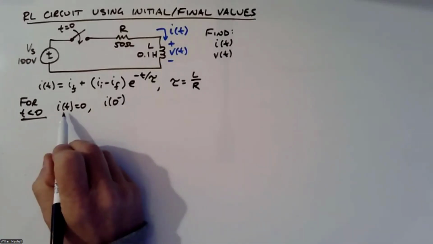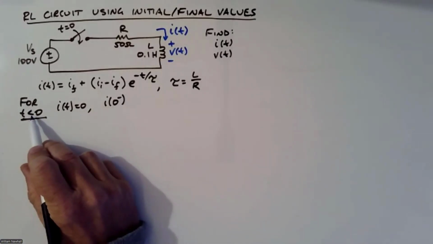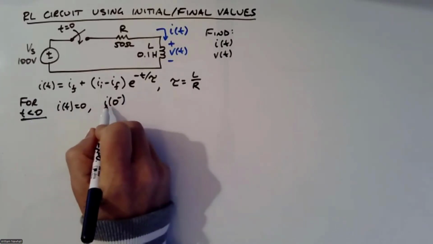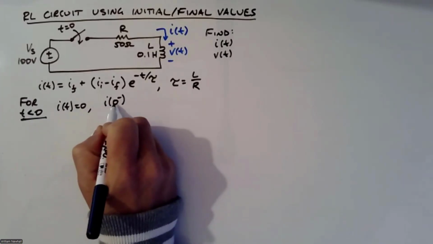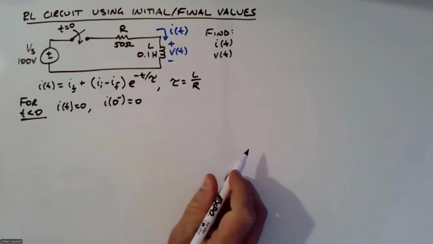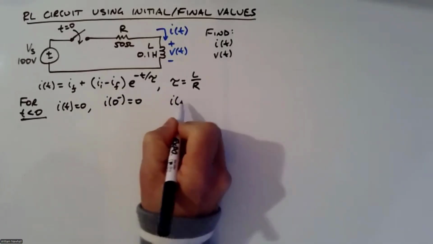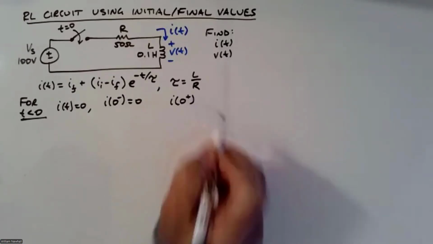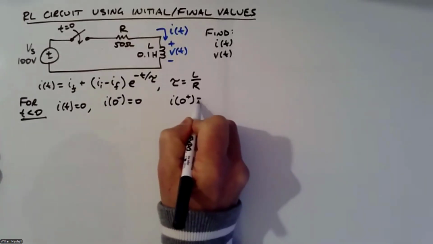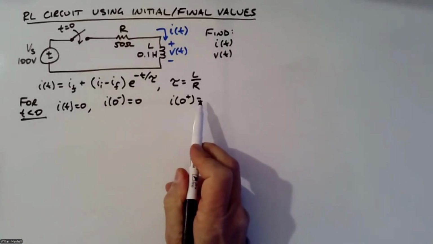So we know that for t less than 0, I of 0 minus is equal to 0. What we care about is, what about I of 0 plus? Because that's I_I, right?